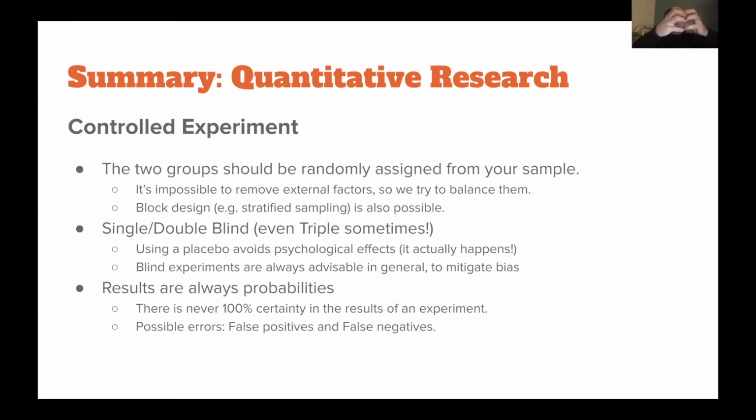So if I randomly assign these two groups from the initial group, then I'm basically saying, yes, there are external factors in both groups, but since they're homogeneous, they're affecting both groups in the same way. So they shouldn't influence the result of one group over the other. They should influence both groups at the same time, in the same way. So basically, you're balancing those external factors to make sure that they don't influence the study itself.